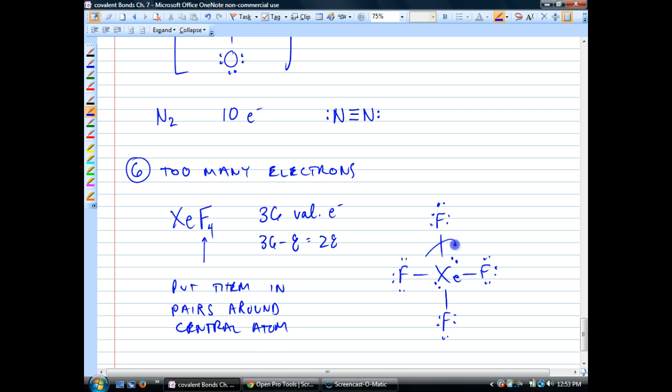This is called an expanded octet. And the way that they interpret this is they say that the D sublevel, just inside the outer shell, part of it gets sucked into the outer shell and basically gives the outer shell a greater capacity. Yes?